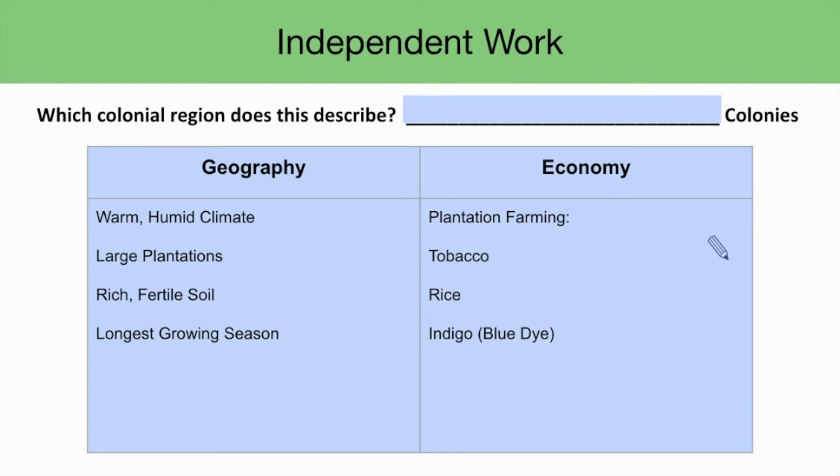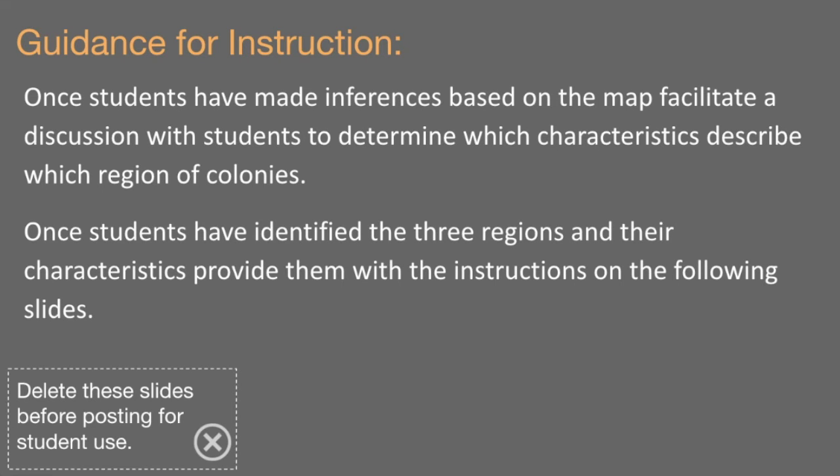We'll have students compare the geography with the economy and identify which colonial region this describes: the New England, Middle, or Southern colonies. Once students have made inferences based on the map, facilitate a discussion with students to determine which characteristics describe which region of colonies. Once students have identified the 3 regions and their characteristics, provide them with the instructions on the following slides.